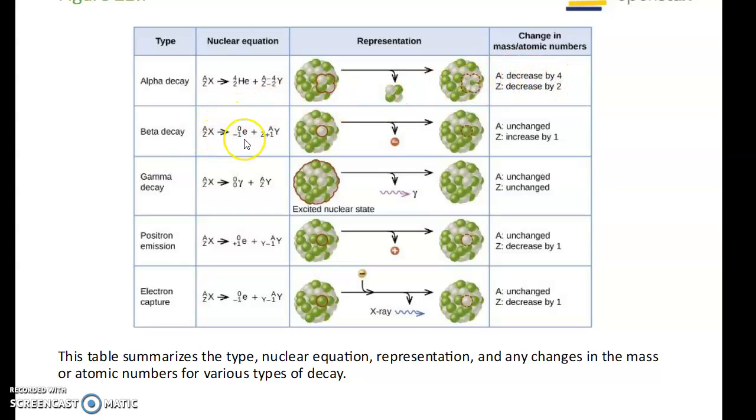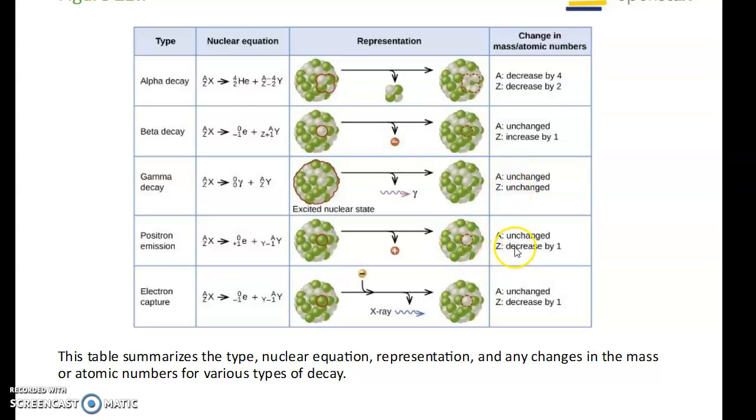Here on beta decay, what happens there is, again, the total atomic mass is not changed, but the number of protons increases by 1. Okay? Gamma decay, neither the atomic mass nor the atomic number are changed.